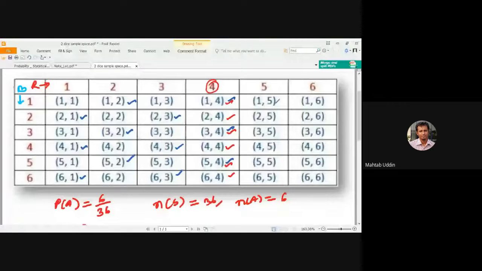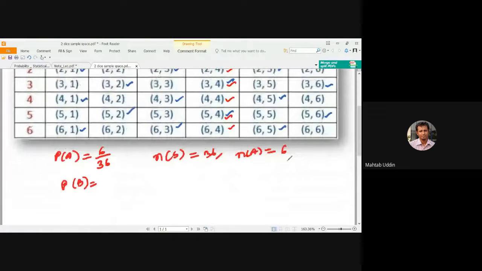Not actually the numbers, okay, the sum is odd. So how many odd sums? You can see 18 of them are odd. So n of B is 18 by 36.